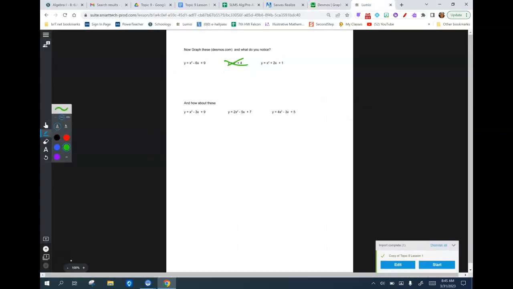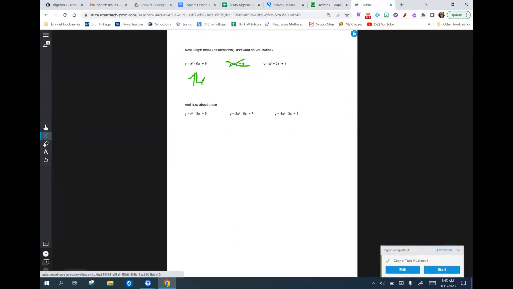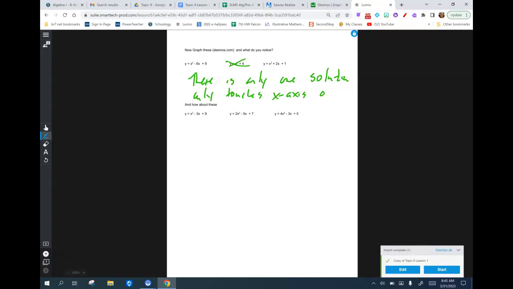We would notice that there is only one solution, because it only touches the x-axis once. Good. Let's go out to Desmos now and graph these other three equations.